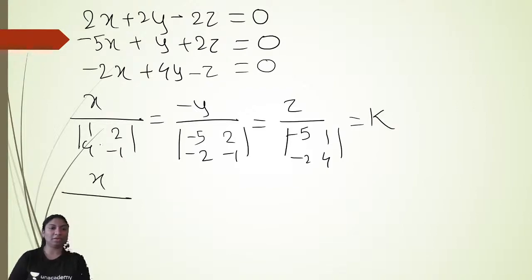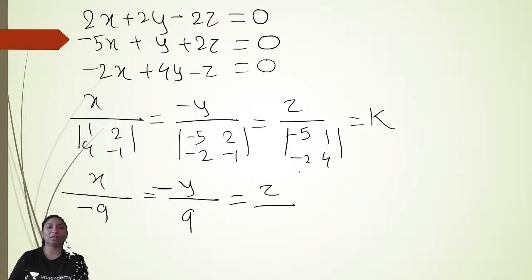So x upon minus 1 minus 8, so minus 9, is equal to minus y upon plus 5 minus 4, that is 9, is equal to z upon minus 20 plus 2, so minus 18, is equal to k.